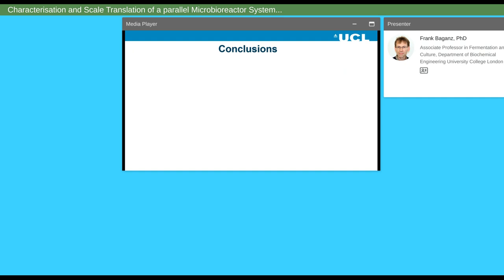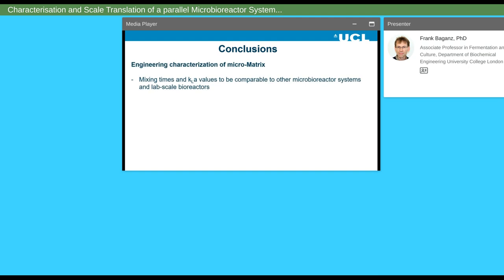In conclusion, initially, an engineering characterization of mixing time and KLA was performed to gain an understanding of the cultivation environment generated by the system. Mixing and KLA were found to be comparable to other microbioreactor systems and lab-scale bioreactors.